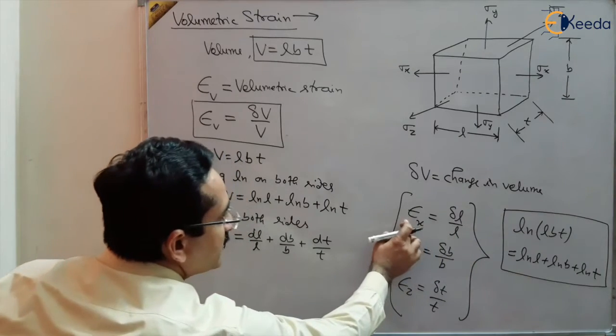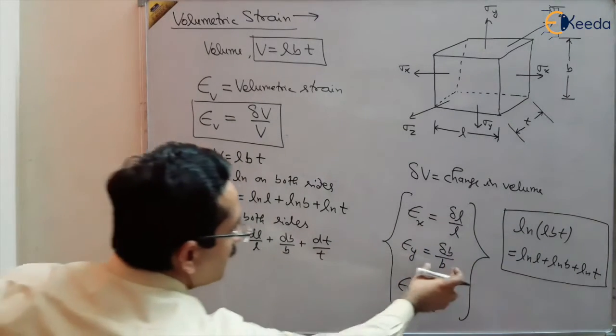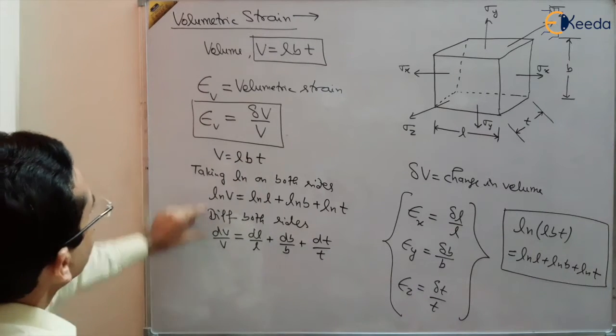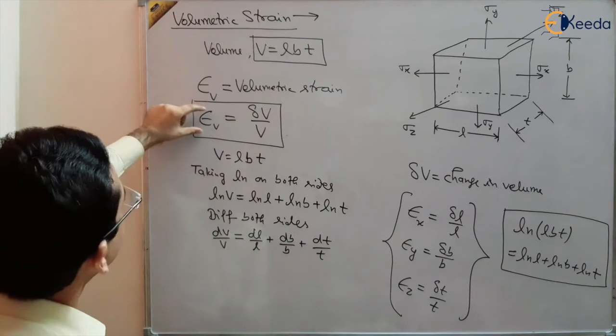This is strain in x direction, this is strain in y direction, this is strain in z direction. And what is dV upon V? This is a change in volume per unit volume, this is volumetric strain.